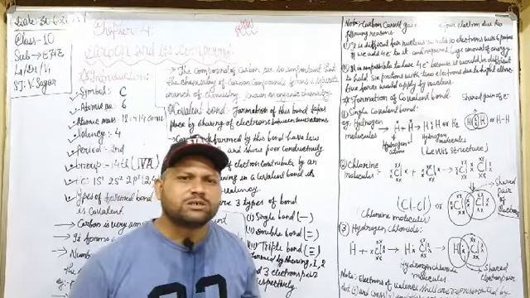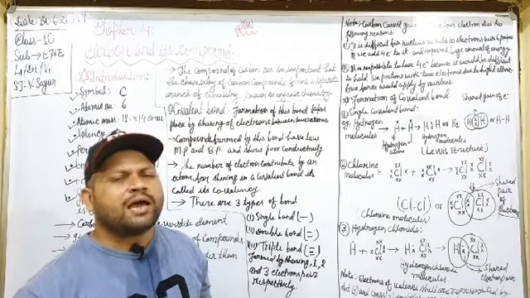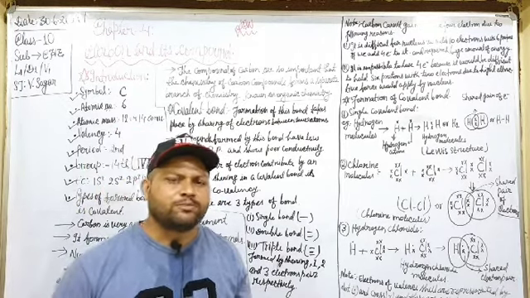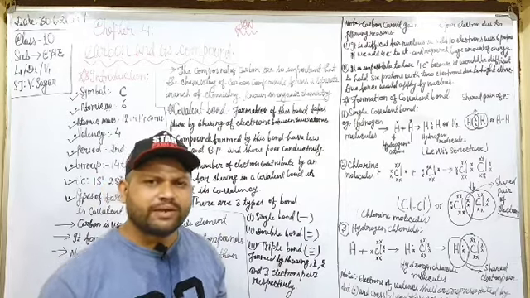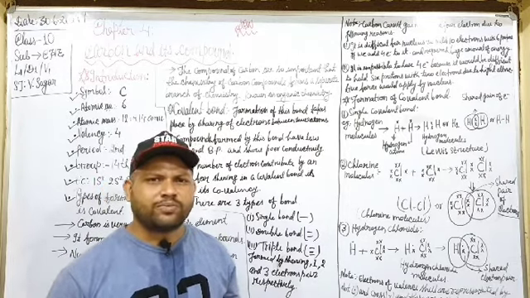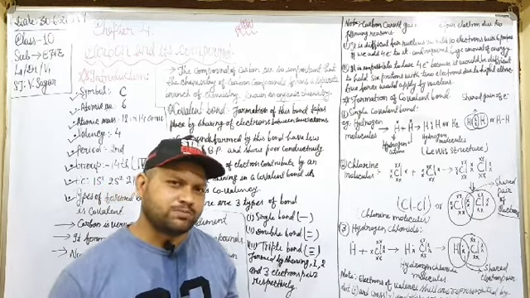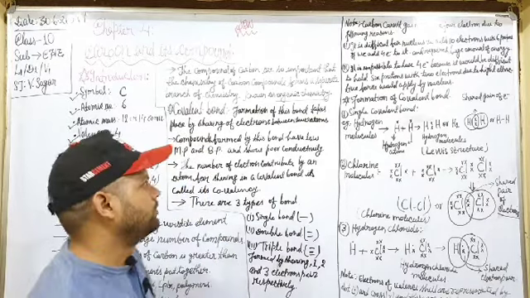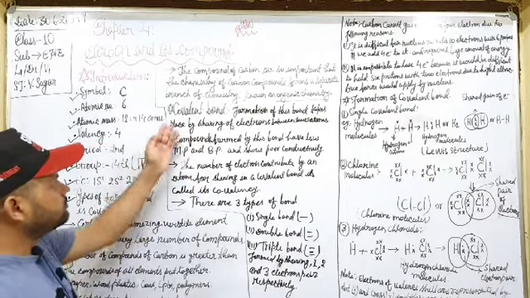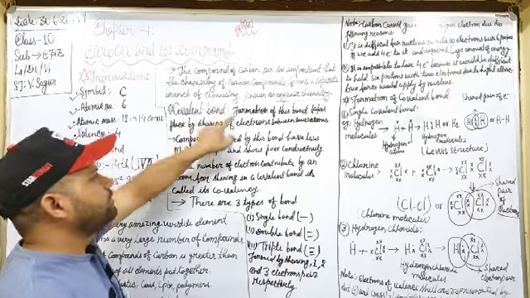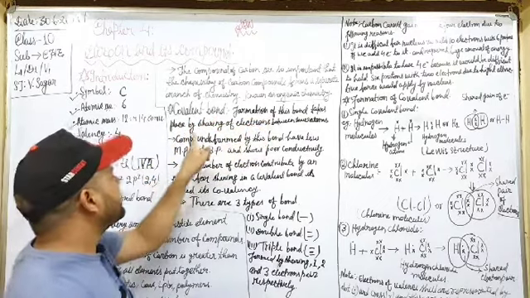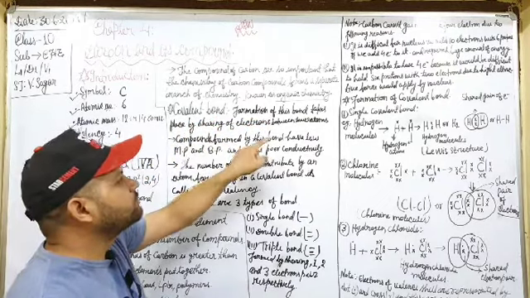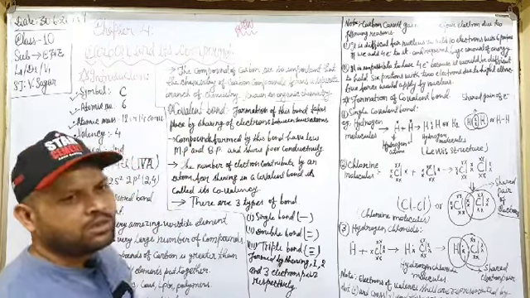Now I am going to discuss the types of bond. There are three types of bond: ionic bond, covalent bond and coordinate bond. But in this chapter I am going to explain the covalent bond. A covalent bond is formed by the sharing of electrons between two atoms.